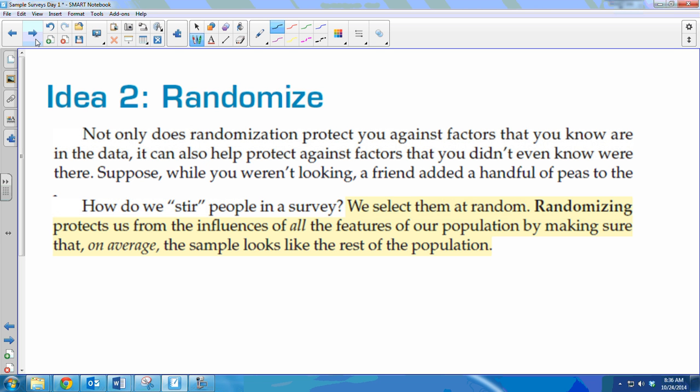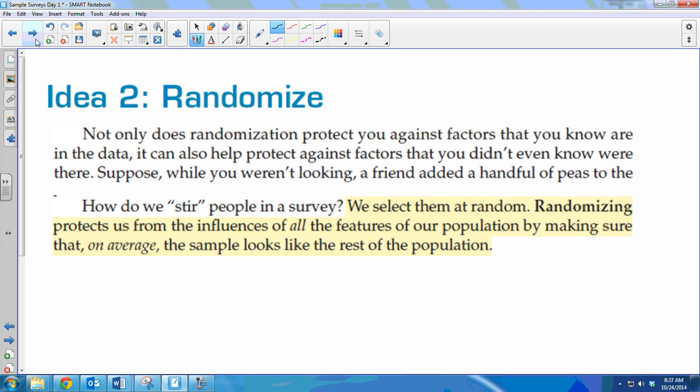So when you're selecting people at random for a survey, you're generally still going to use a random number table or something, just like we did simulations. The Gallup poll, because we still have those, they still poll via telephone, but now they use a random telephone number generator.